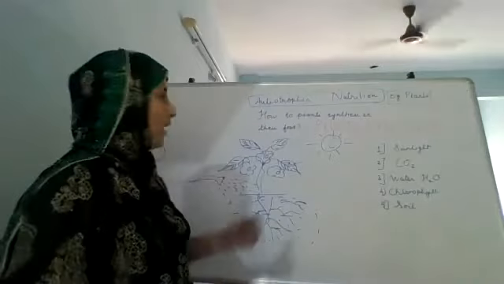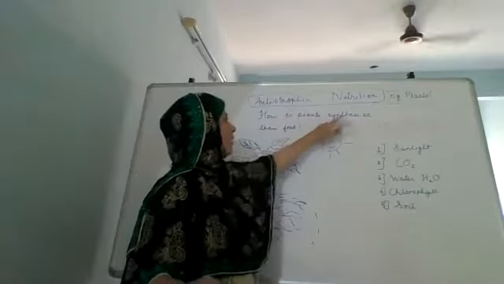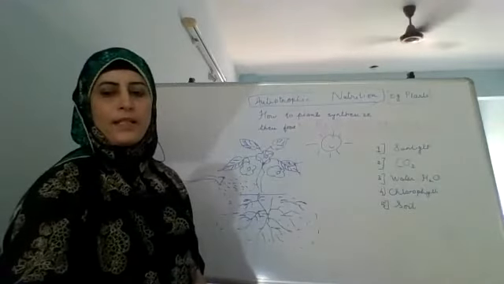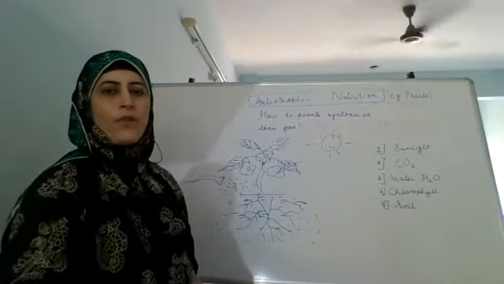So please write down the answer for this question. How do plants synthesize their food? Plants synthesize their food during the process of photosynthesis.